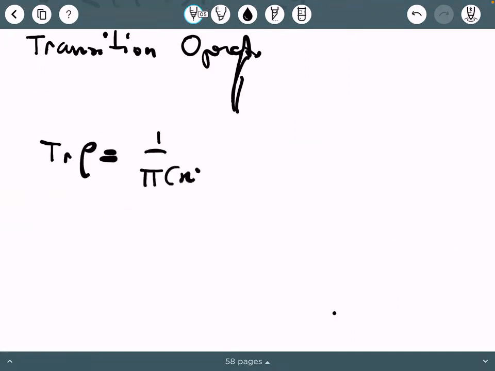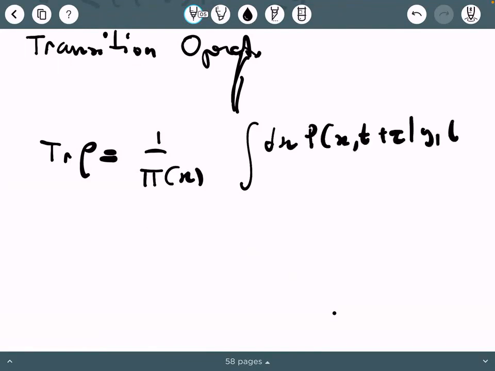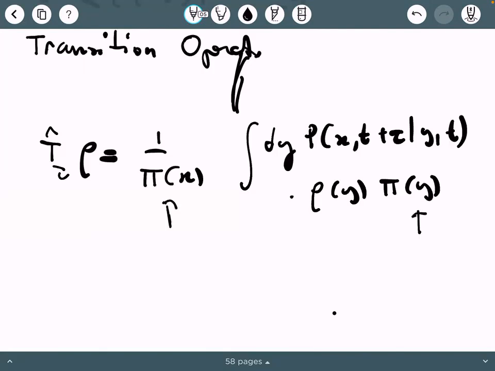I first propagate and then divide by Boltzmann, and I multiply by the Boltzmann factor, and this is an integral over y, of course. So you see what I do here in the transition operator T tau: I am multiplying and dividing by the Boltzmann factor. I multiply inside the integral and take it away outside the integral.